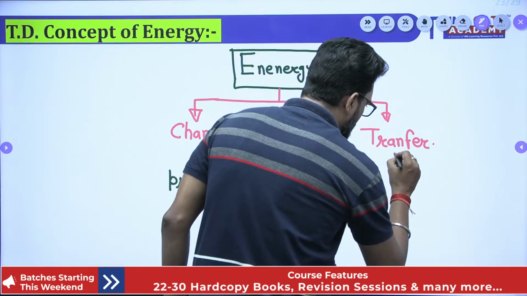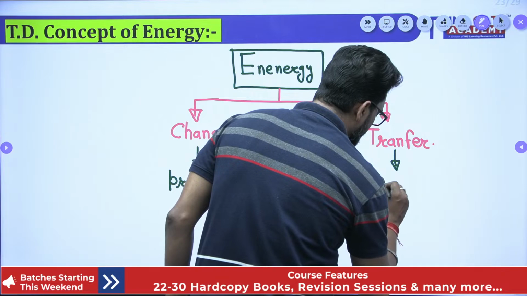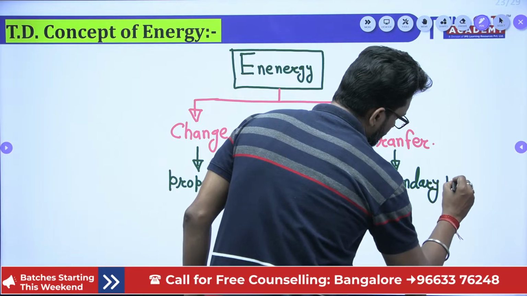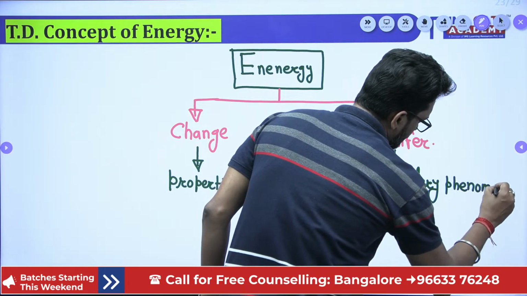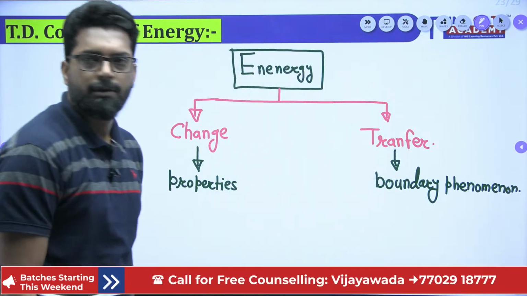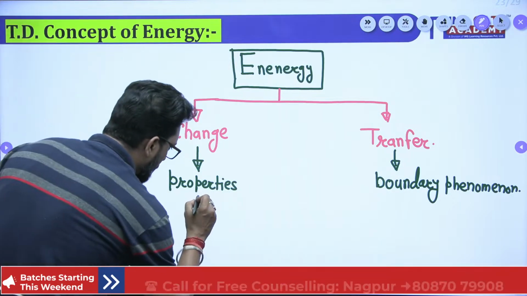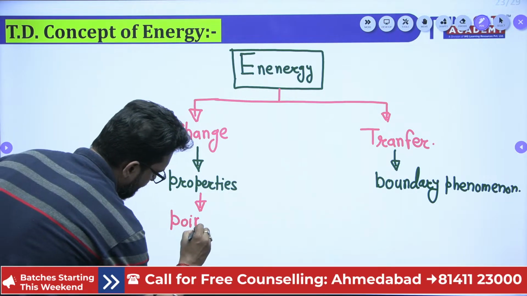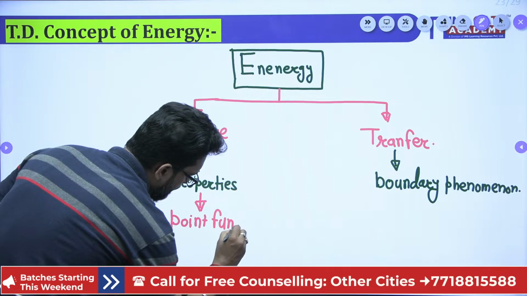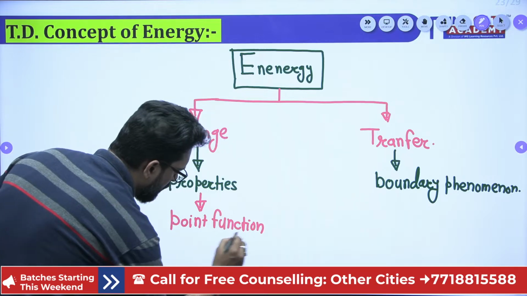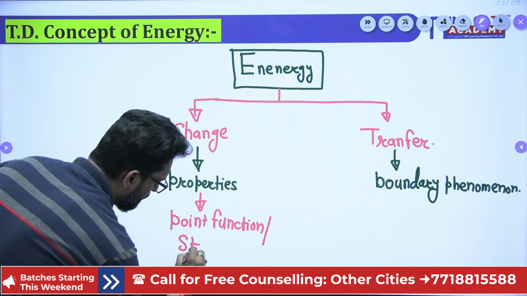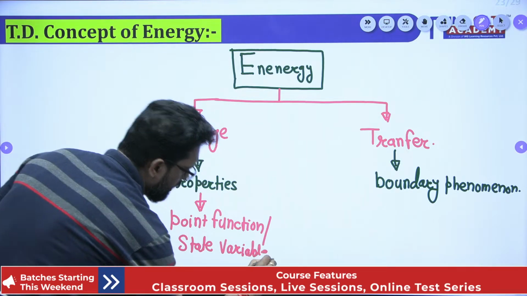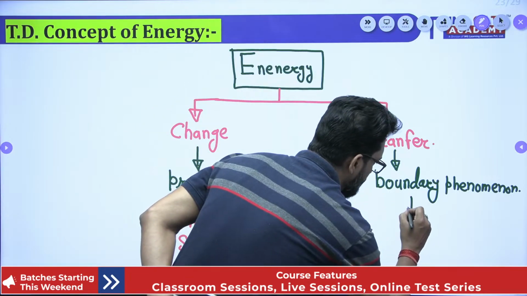And if we take transfer, there must be a boundary phenomenon. If this is your property, then this is your point function, or state variable. If this is a boundary phenomenon, it is a path function.